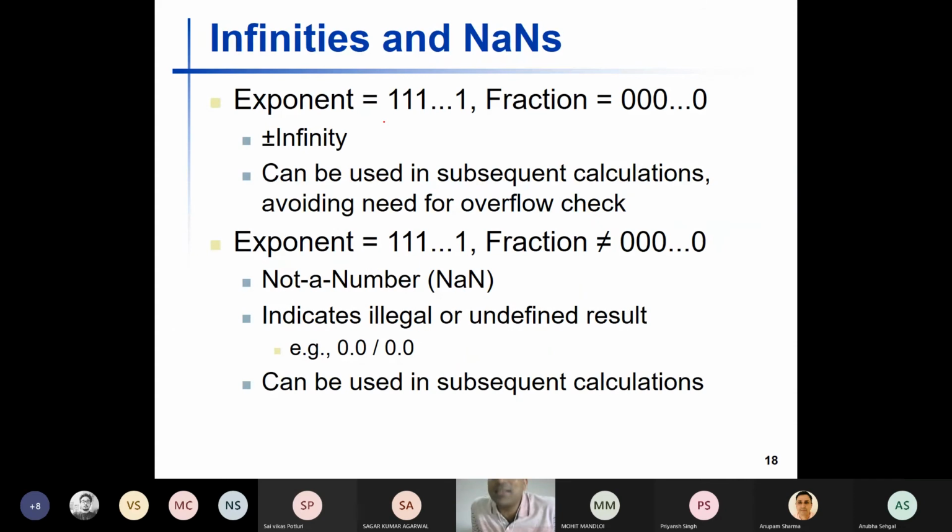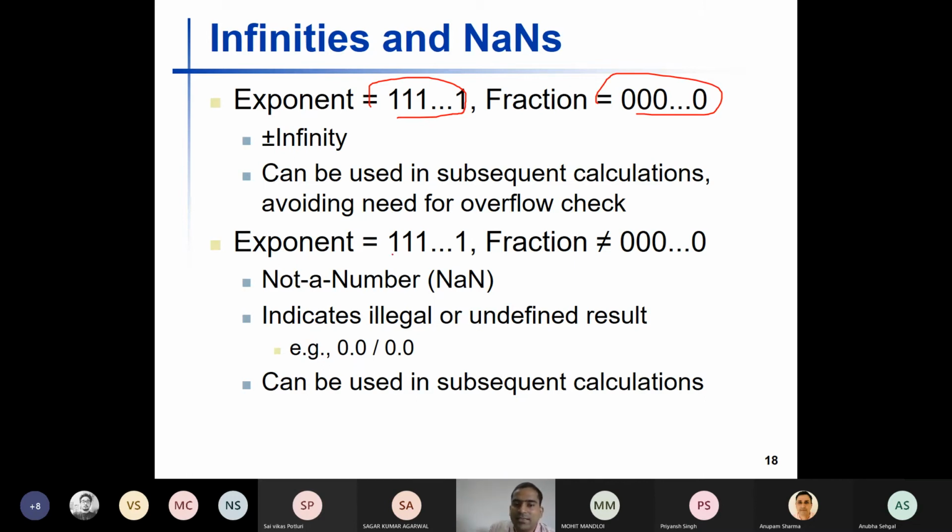Now there are two more cases. One is infinity, another is NaN, not a number. If the exponent is all 1 and the fraction is all 0, we call it infinity. That means the number has gone outside the range of representable numbers.